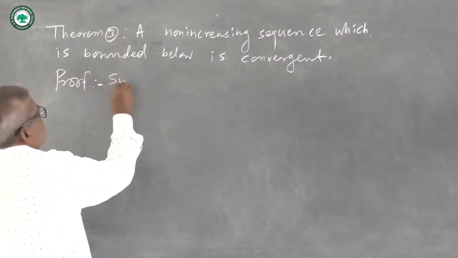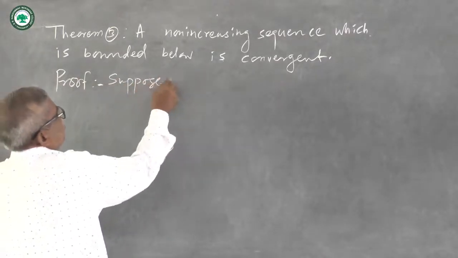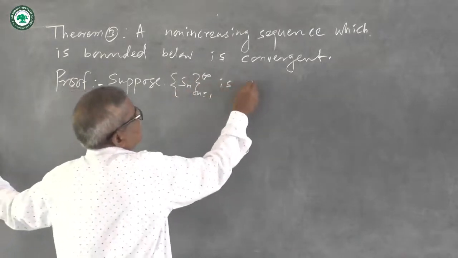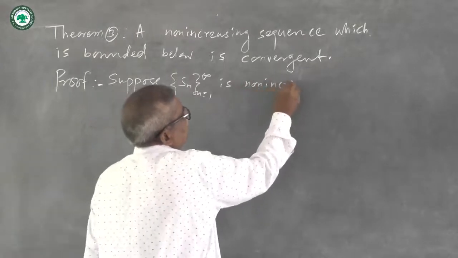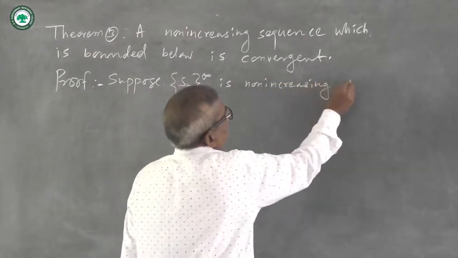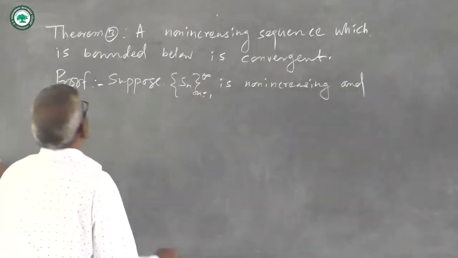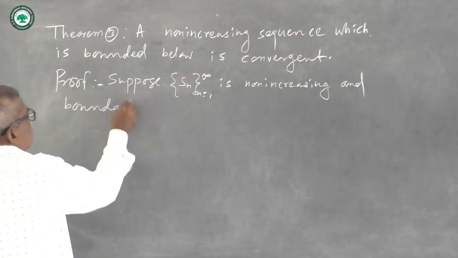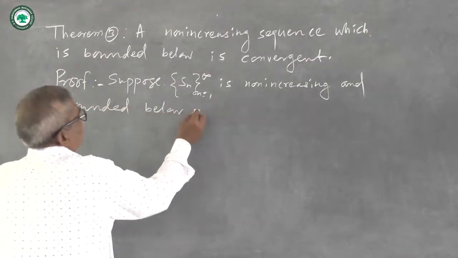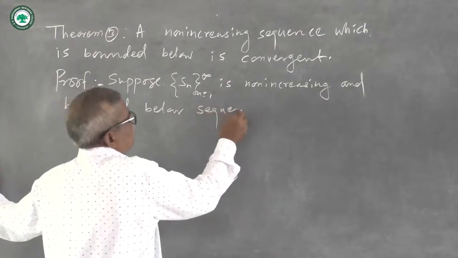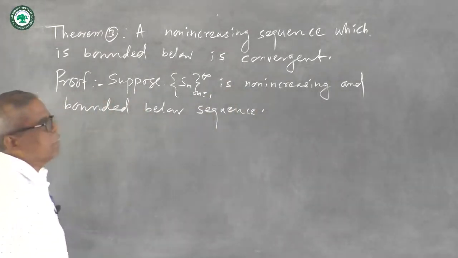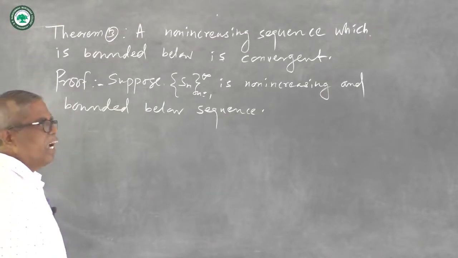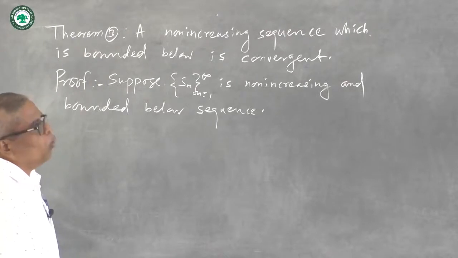Suppose the sequence Sn, n equal to 1 to infinity, is a non-increasing and bounded below sequence. Suppose this sequence Sn is non-increasing and it is bounded below.